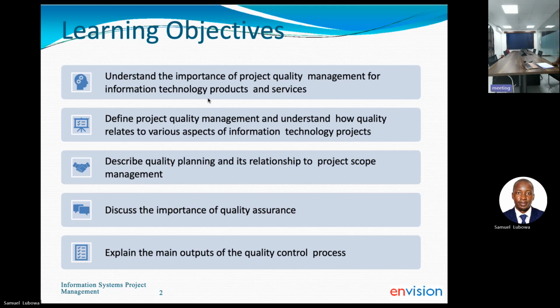Then we shall discuss why we have to carry out quality assurance every time we embark on managing any information system project. Then we shall look at the main outputs of the quality control process.